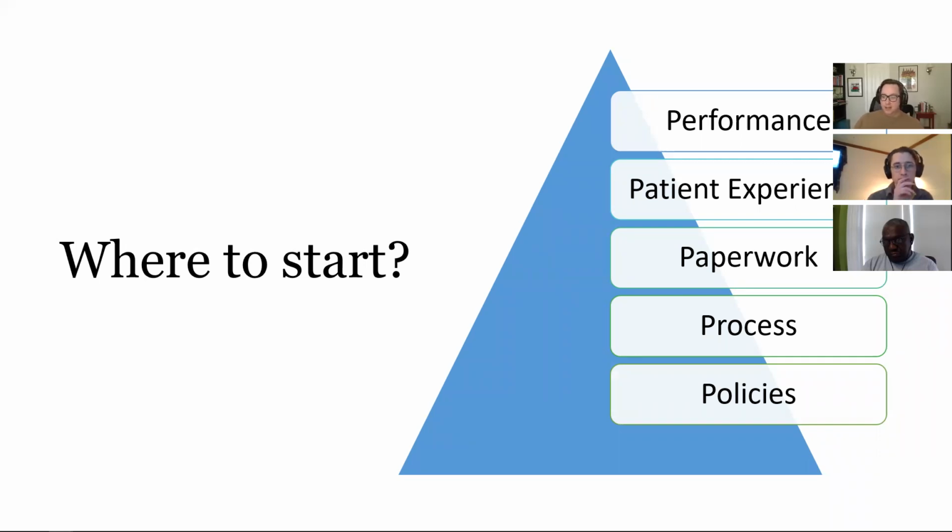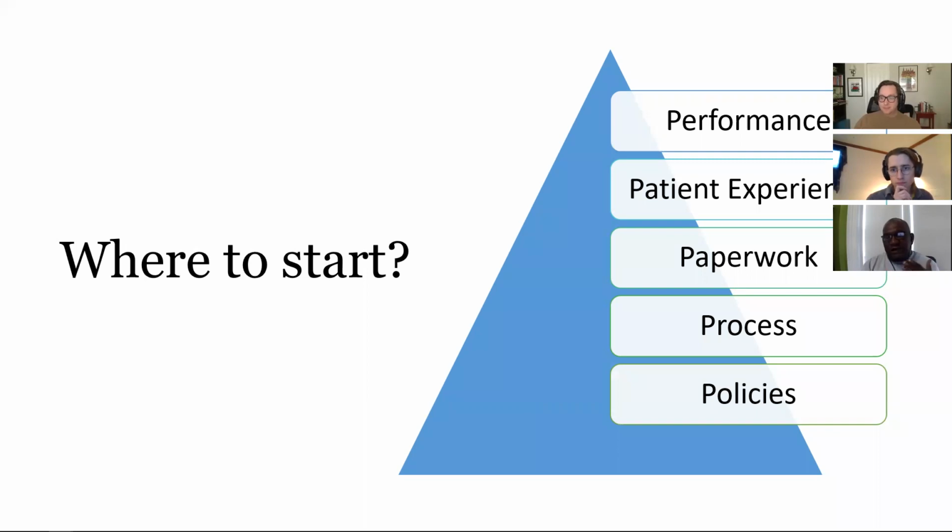And so, they build off each other. Having good policies makes good process. Having good process makes good paperwork. Having good paperwork makes for a better patient experience, and a better patient experience makes for better performance and better outcomes.